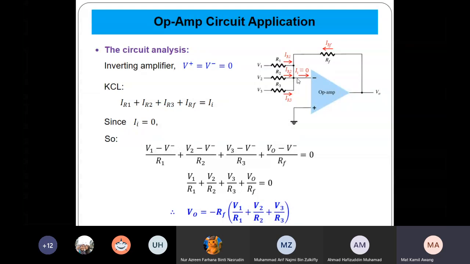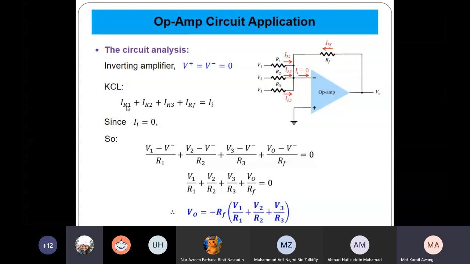This is a node, so you can use KCL: IR1 plus IR2 plus IR3 plus IRF is equal to I in, and I in is equal to 0.